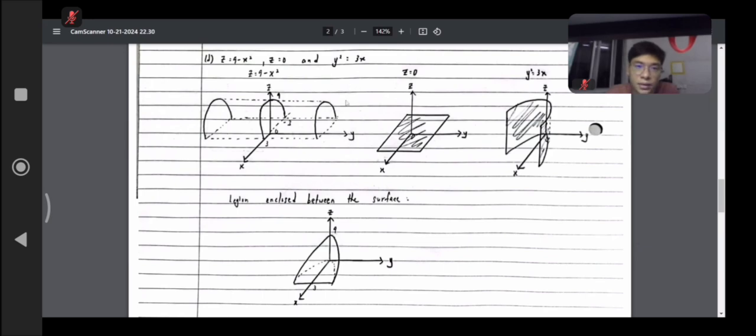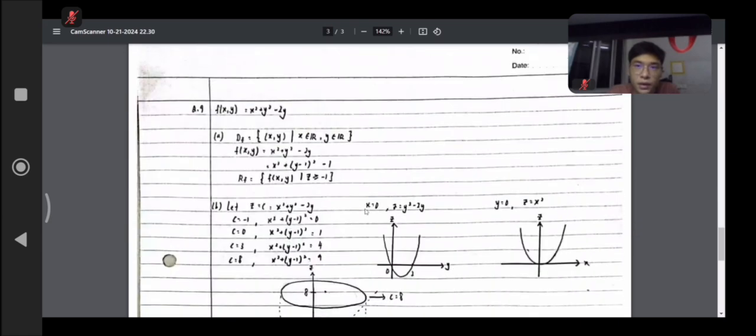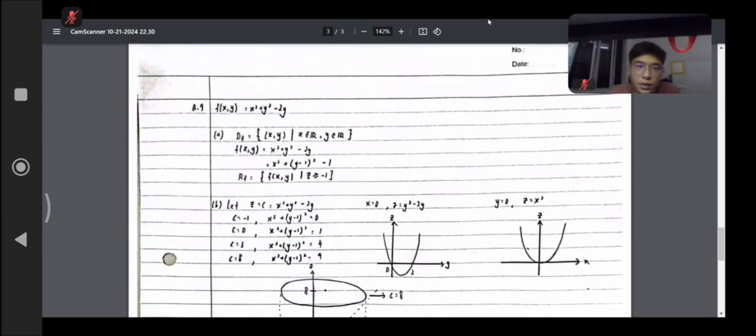So z equal to 0 is the plane of the shape, and the equation y squared equal to 3x will also become a parabola shape. For the region enclosed between the surfaces, the two parabolas will cut each other, and then the shape will become like this.